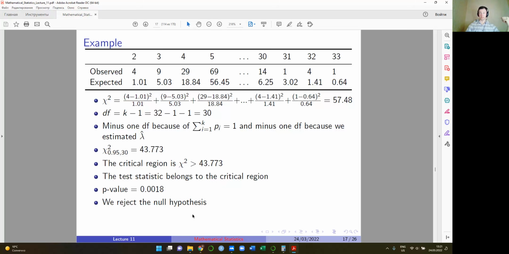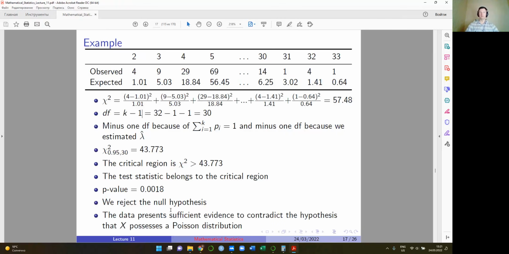And we reject this null hypothesis, which means that our data contradicts the hypothesis that the number of transactions occurring every second on the Moscow exchange follows the Poisson distribution.